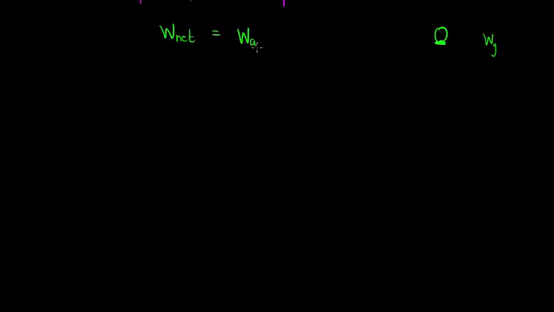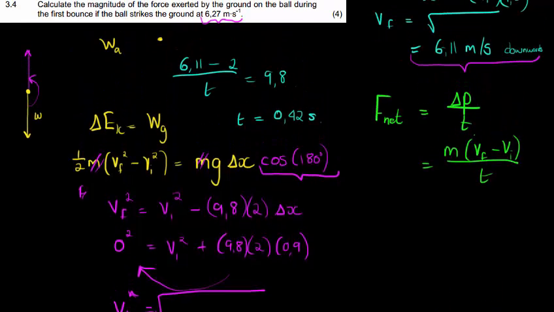You have applied work, that's the work done by the ground, plus the work done by gravity, plus the thing is it doesn't move. While it's on the ground, it doesn't move at all. So there's no displacement. So I don't think this formula will work. Okay, so let's just go back to this method.